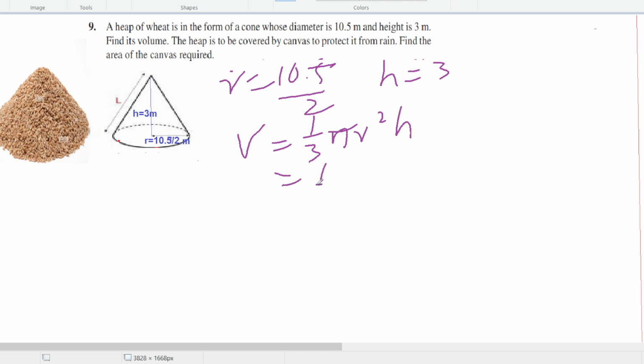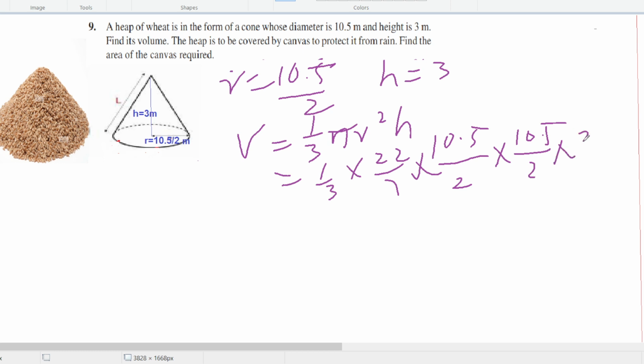So 1 by 3 into 22 by 7 into R square, that means 10.5 by 2 into 10.5 by 2 into H, that means 3. So this 3 and this 3 get cancelled, and this 7 and this get cancelled, it will be 1.5. Now this 2 and this 2 get cancelled, 11 times.